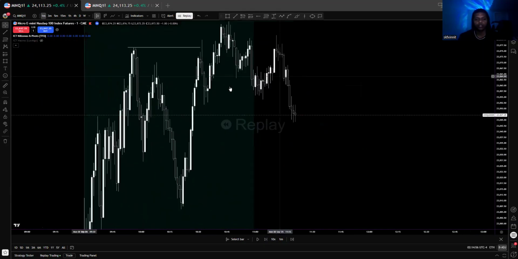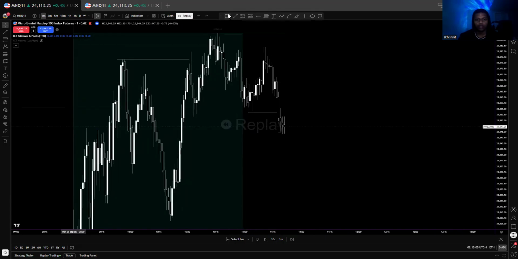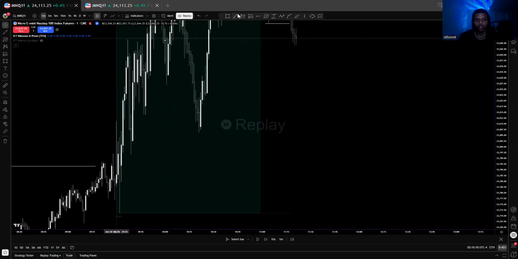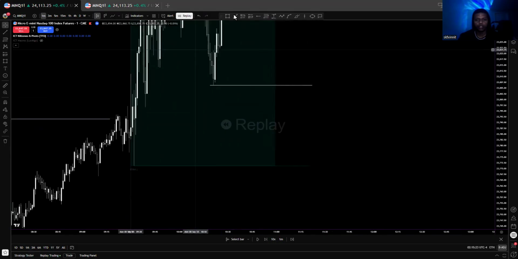This is the total soup. And just today I learned also that's a break of structure. We're also respecting this balance and also inversing the fair value gap up here, creating another imbalance. So probably we can expect the price to come back down till here, and also to this low.